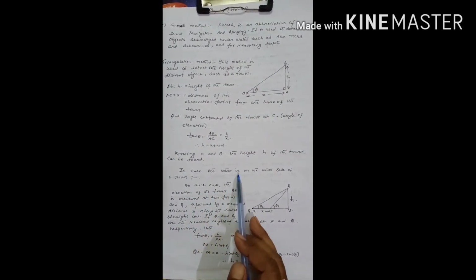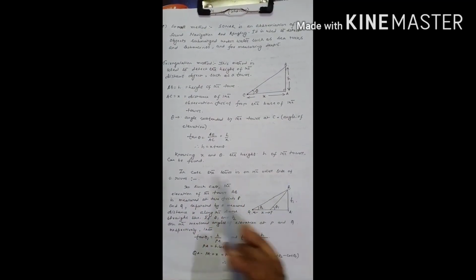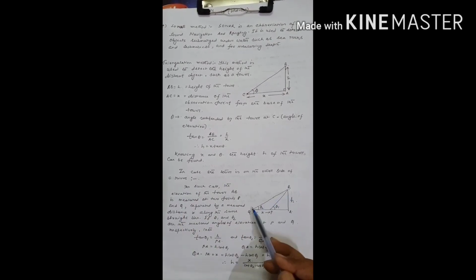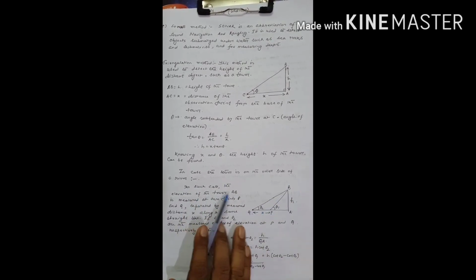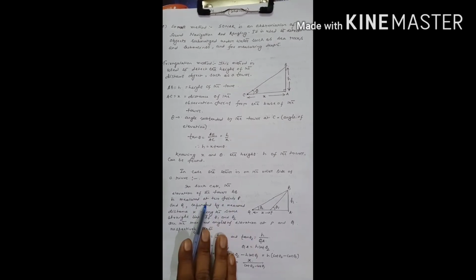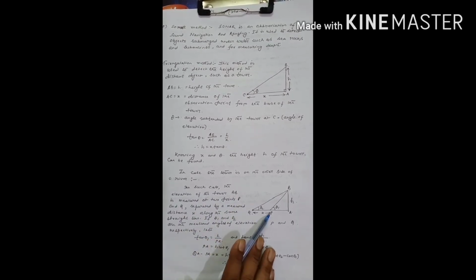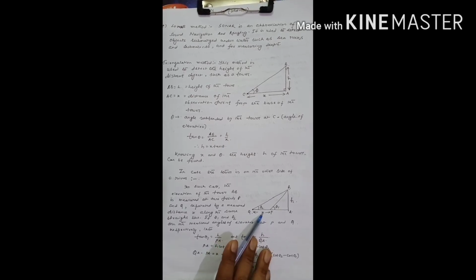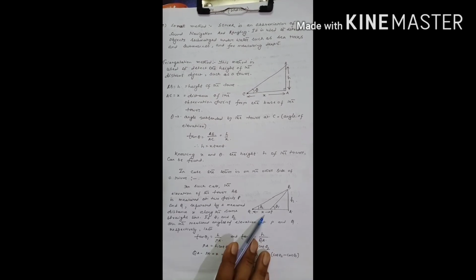In case the tower is on the other side of the river, in such a case the elevation of the tower AB is measured at 2 points P and Q separated by a distance x along the same straight line.